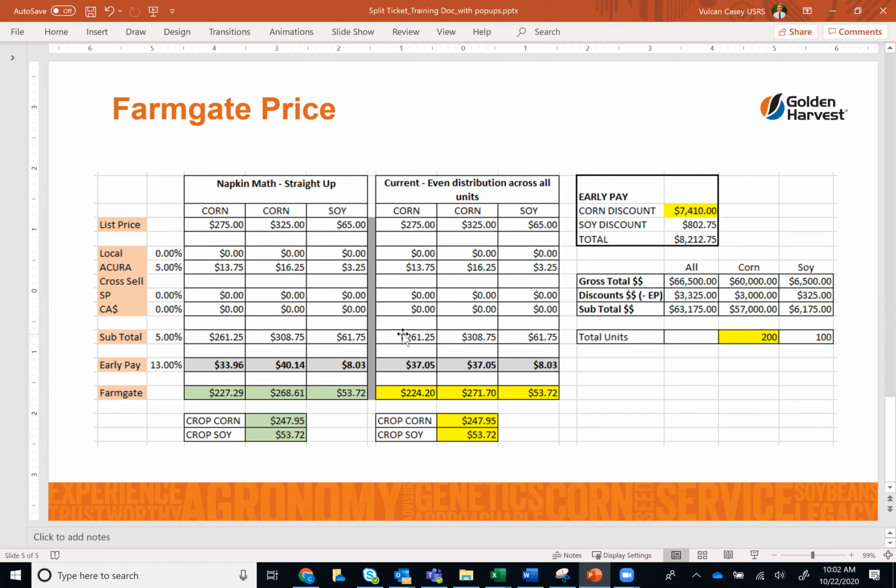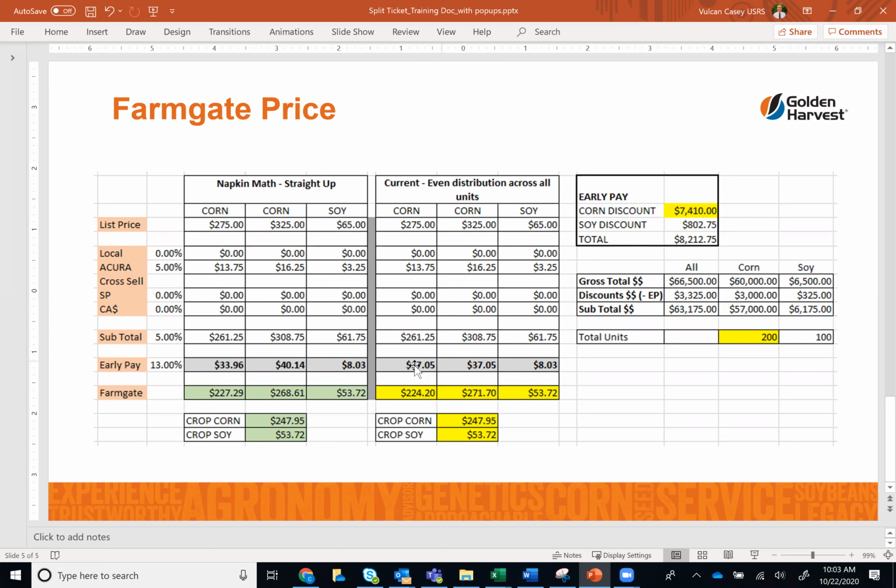Now for early pay, since it's calculated at the total payment level, what we did is we took the total discount for early pay, which is 82.1275, proportioned it out for corn and soybeans, and then for corn in this example, divided it by the total number of units to get an even distribution of early pay, which in this case is 37.05 across all the units.